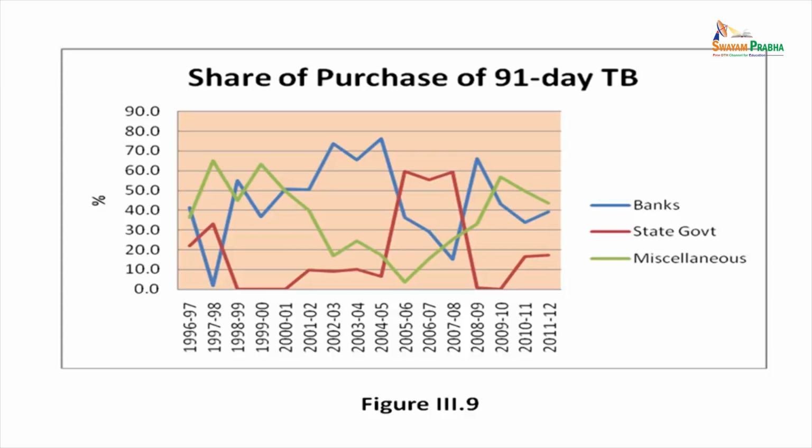So, what does it signify? In these 4 years, 2005-6, 2006-7, 2007-8, it went down, bank investment purchase of 91-day bills.